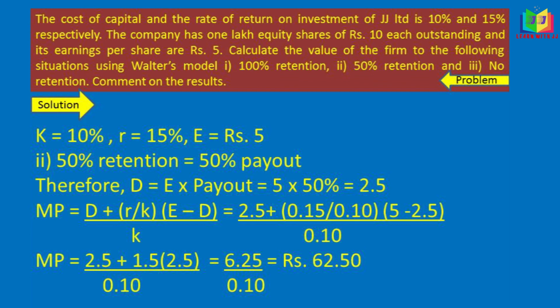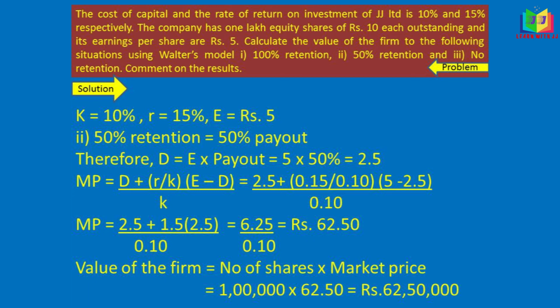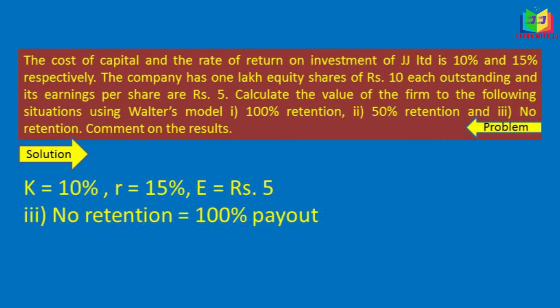This is the market price of the share when retention is 50%. Now we have to calculate the value of the firm, and the formula is number of shares into market price. So we'll get 62,50,000.